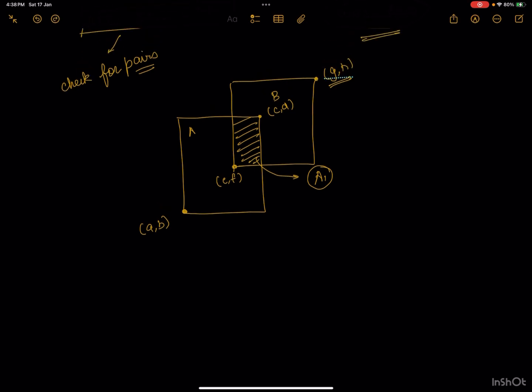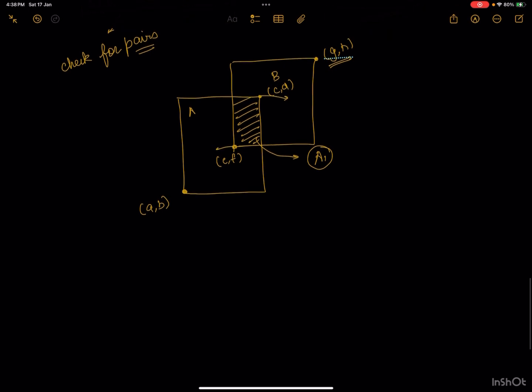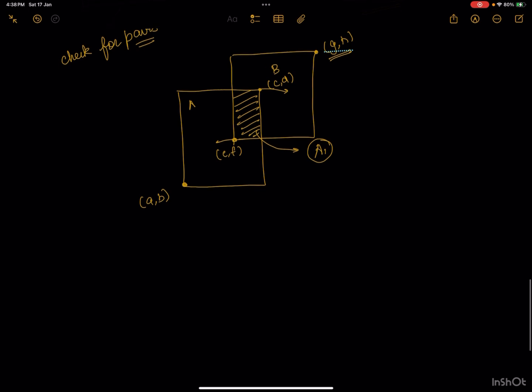Okay, but in the problem we only have A comma B, C comma D, E comma F, and G comma H. Then how are we able to conclude what these coordinates are and how we will find the area?